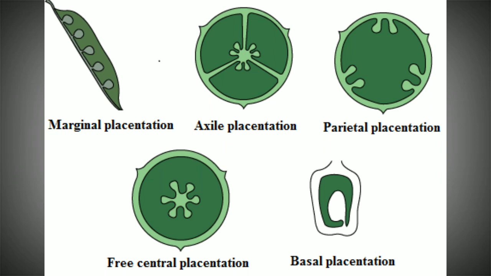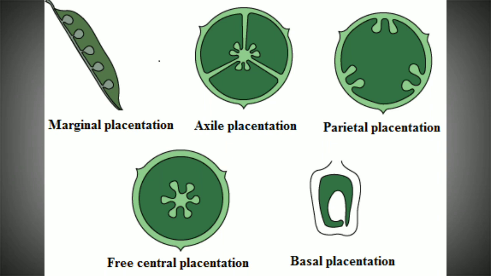That means only one locule is there. So these are the 5 types of placentation that we can observe in different types of flowers or the different types of ovaries on a flower.